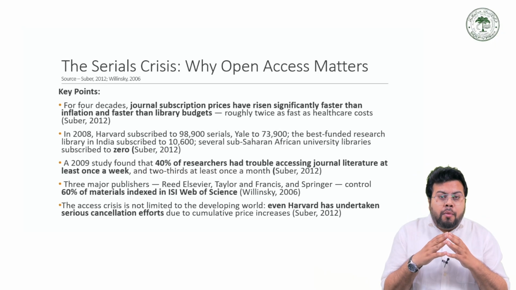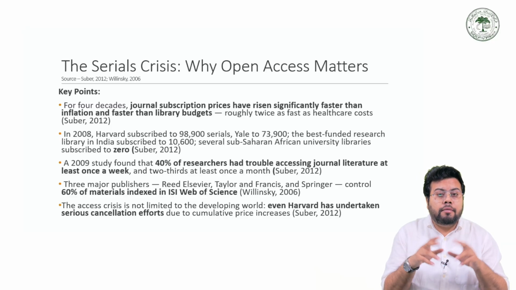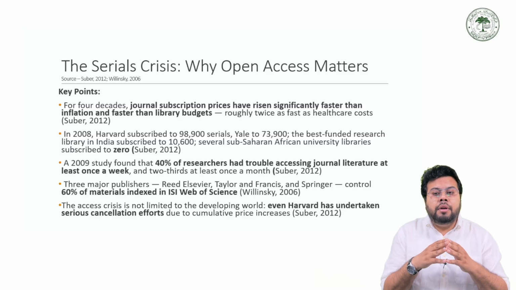Now I want you to understand exactly why open access became a movement, not just a nice idea. There is a genuine, documented crisis in the circulation of academic knowledge. Subscription prices have risen faster than inflation for decades, at roughly twice the rate of healthcare costs, which most people already consider outrageously expensive.